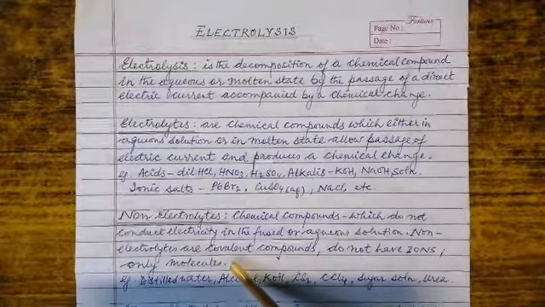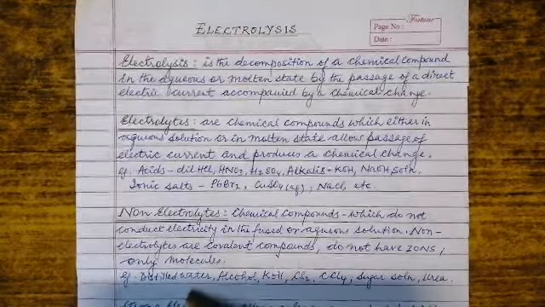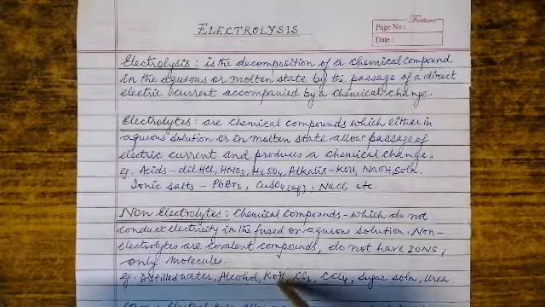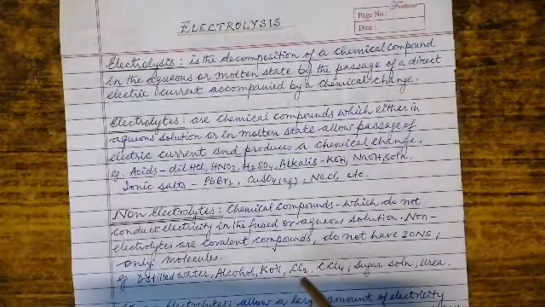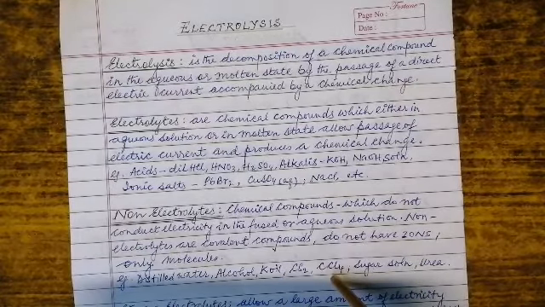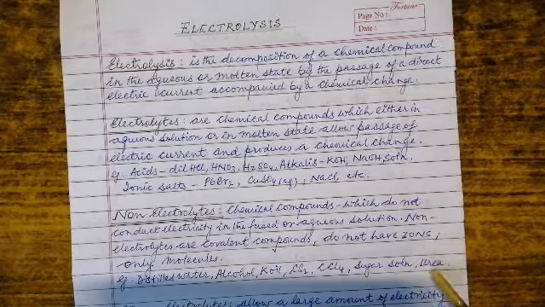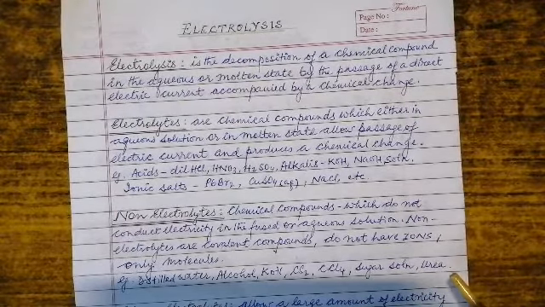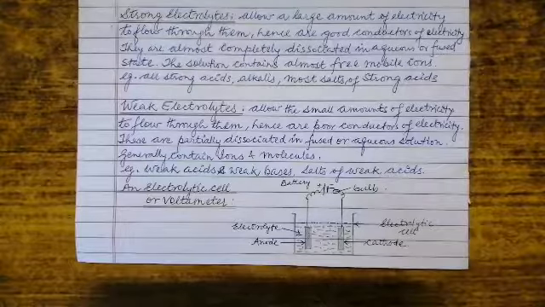They only consist of molecules. Example, distilled water, alcohol, kerosene oil, then carbon disulfide, carbon tetrachloride, sugar solution, glucose, urea, etc. These are few examples of non-electrolytes.